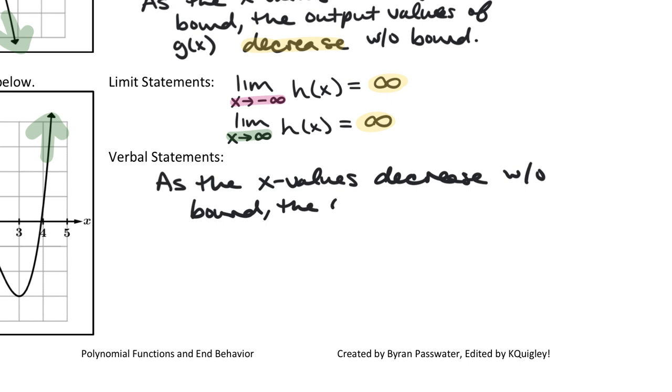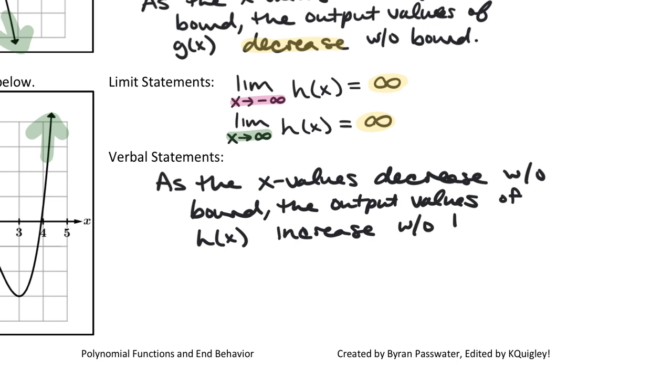The output values of this function, called h of x, also increase without bound, meaning they go off to infinity and beyond. So again, left side is where the x values decrease, and h of x increasing means my graph is going up on the left side.